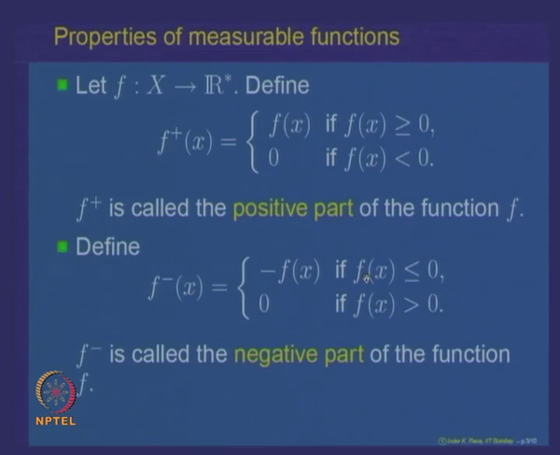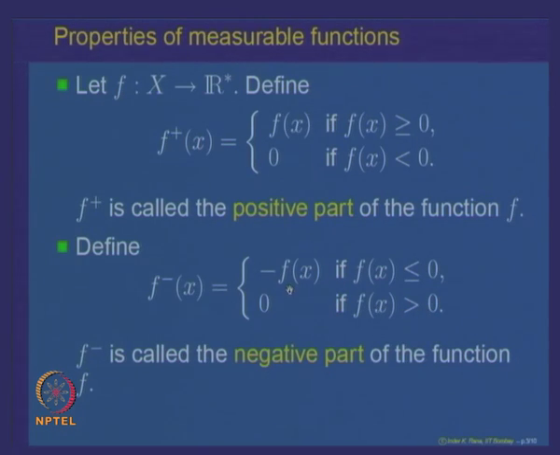That means, as soon as the function is on the x axis or below the x axis, we reflect it against the x axis and put its value as minus of f of x, so f of x with a negative sign. So, this will always be a non-negative quantity, and the function is defined as 0 if f of x is bigger than 0.